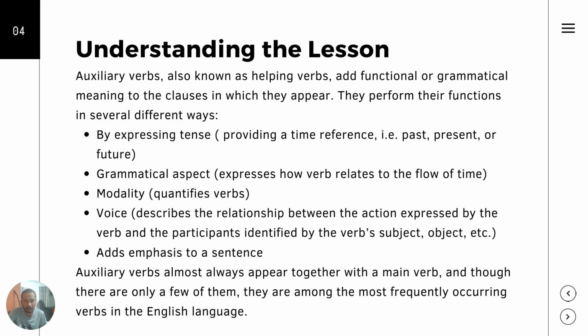Modality quantifies verbs. Voice describes the relationship between the action expressed by the verb and the participant identified by the verb, subject or object. It also adds emphasis to a sentence. Auxiliary verbs almost always appear together with the main verb, and though there are only a few of them, they are among the most frequently occurring verbs in the English language.